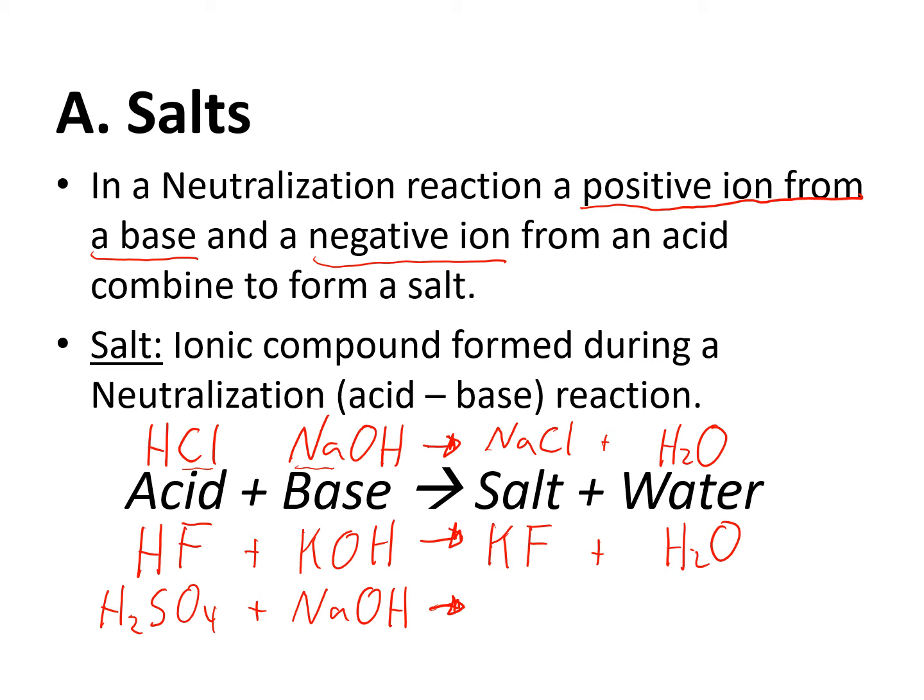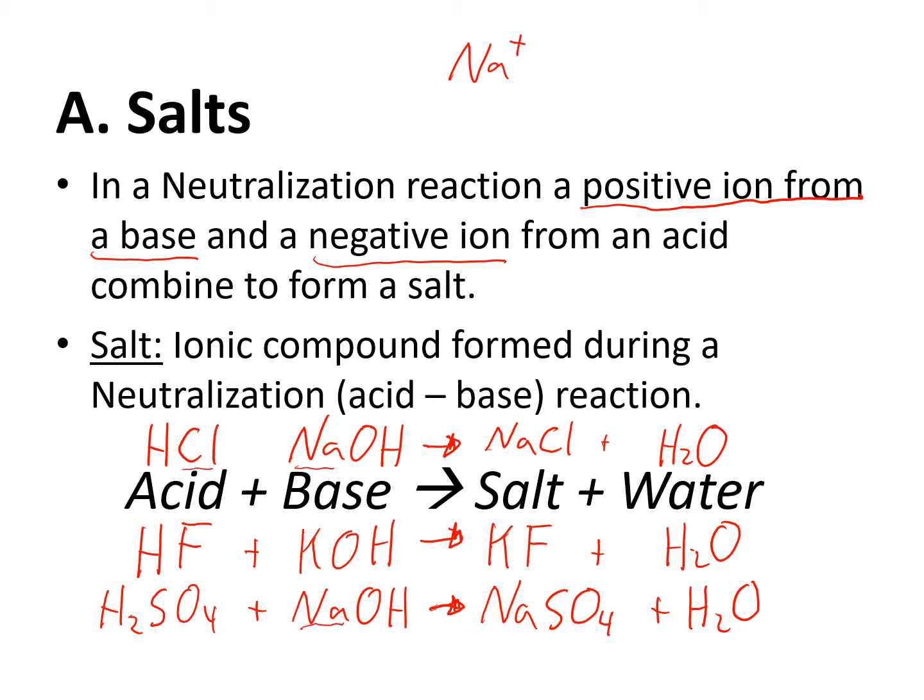So we take that positive ion from the base, Na, and we take that negative ion from the acid, which is SO4, and water. Now I made a mistake right here because even when you're writing this stuff, you still have to swap and drop. Na, if you look on your periodic table, is +1.